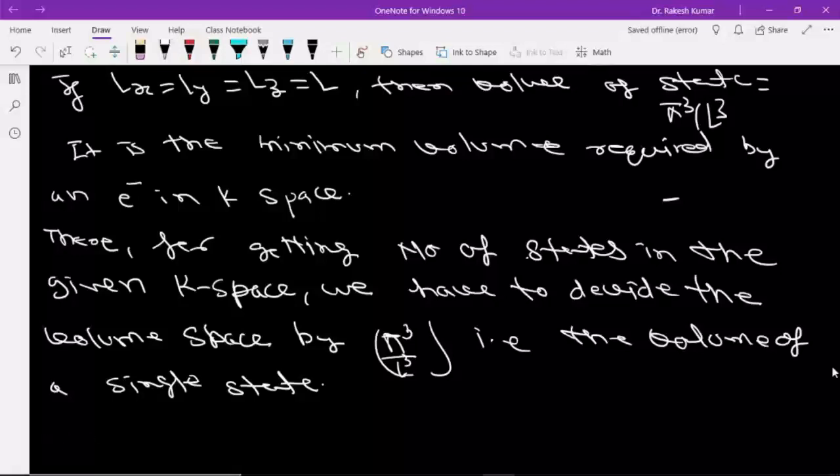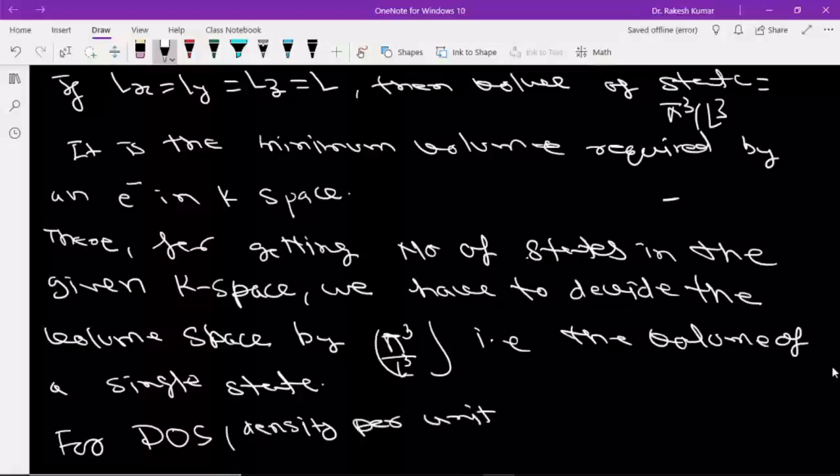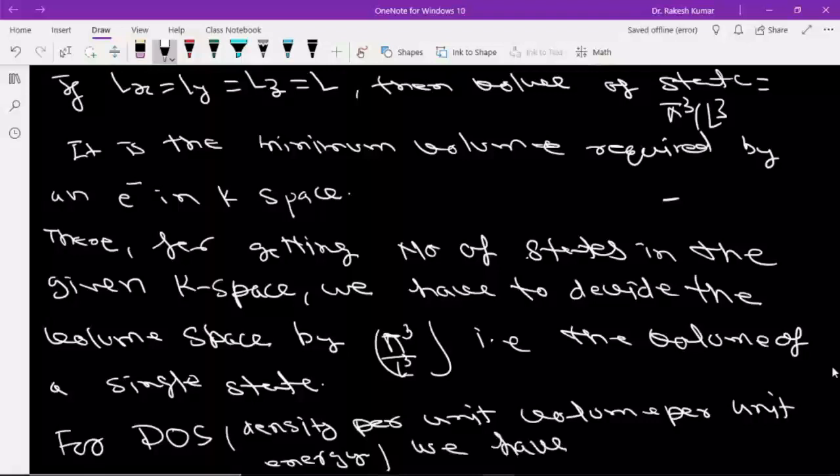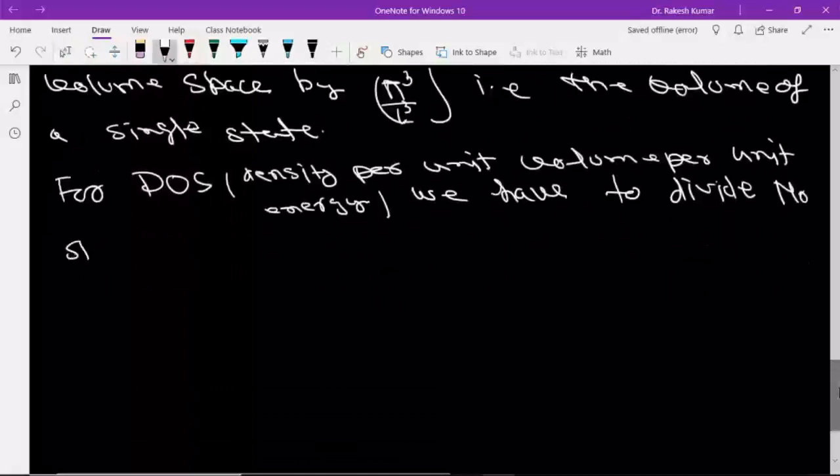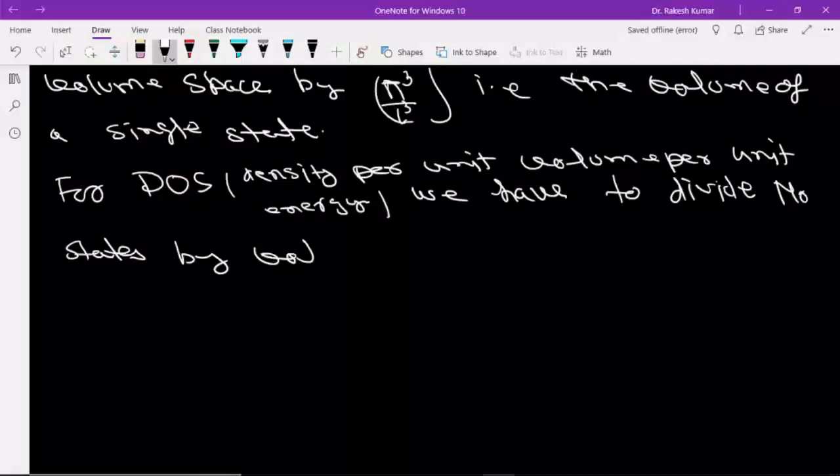So for that, the number density of states, that is density per unit volume per unit energy, we have to divide the number of states by volume and given energy.